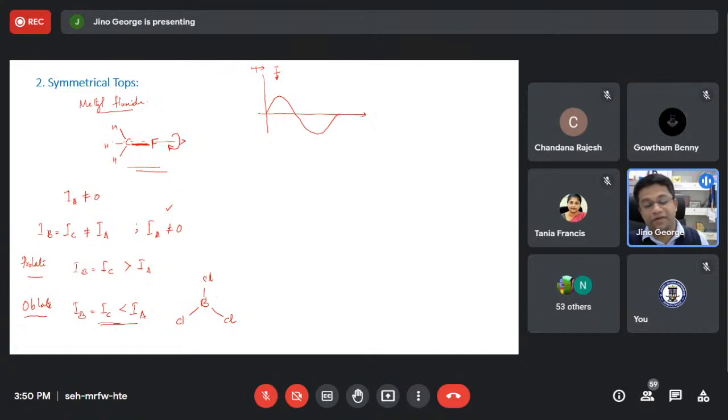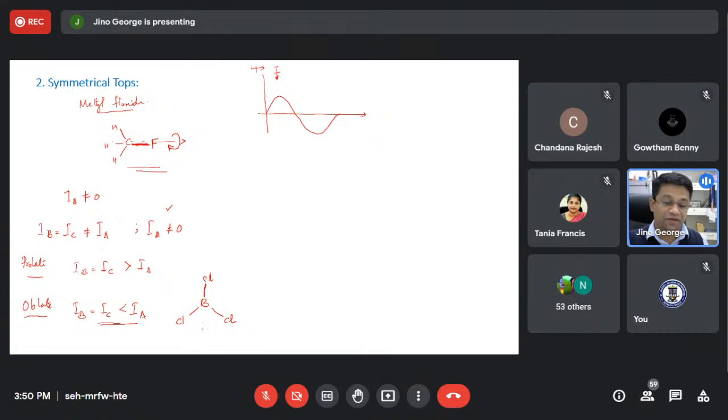If people are familiar with symmetry and molecular orbitals, symmetry and selection rules, or maybe some of you master's students, I'm sure you've learned part of it. This boron trichloride is actually a zero-dipole material. So in-plane and out-of-plane rotation will not bring a big variation in dipole. So normally IB and IC will be very small.